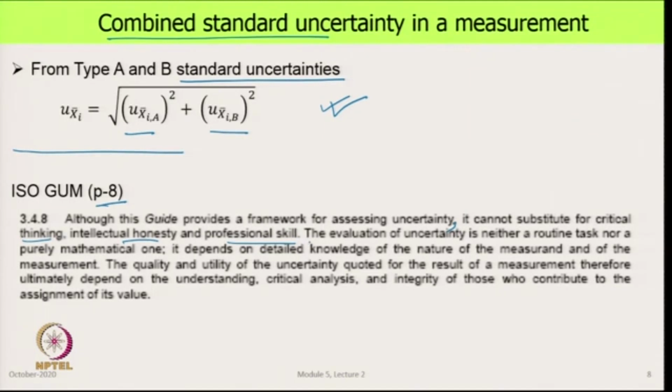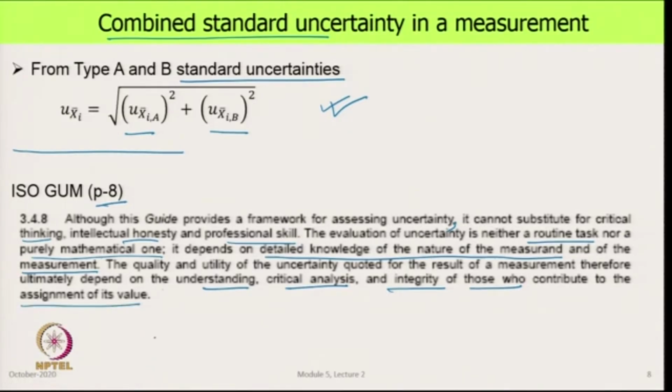It continues, the evaluation of uncertainty is neither a routine task nor a purely mathematical one. It depends on detailed knowledge of the nature of the measurand and of the measurement. The quality and utility of the uncertainty quoted for the result of a measurement, therefore, ultimately depends on the understanding, critical analysis, and integrity of those who contribute to the assignment of its value.